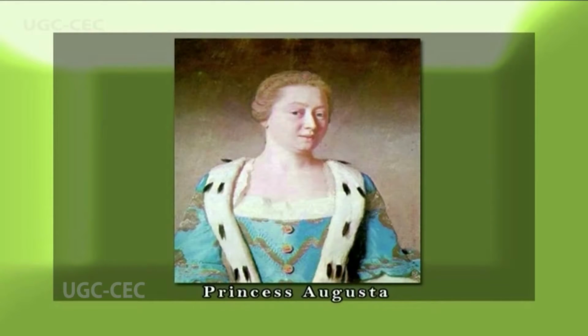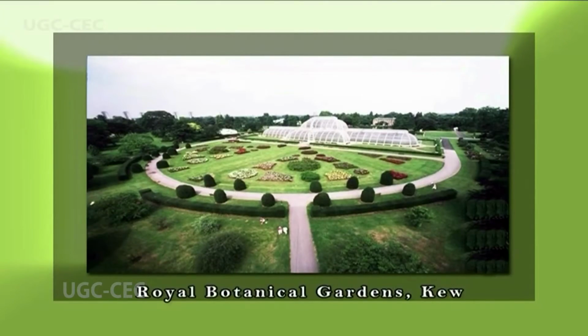But after the death of Princess Augusta in 1772, it was united with the gardens of the Palace of Richmond, and the extensive area of the two gardens was later taken over by the government in 1838 and became named as Royal Botanic Gardens, which was originally established in 1760 but officially opened in 1841.